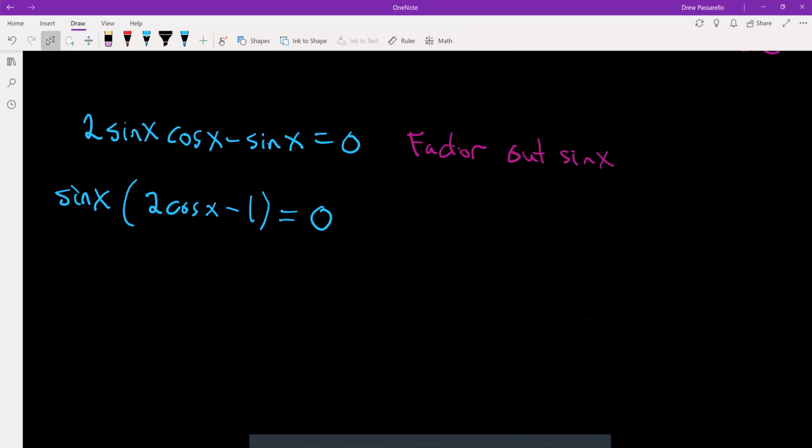And the 2 scenarios: scenario 1 is sine of x equal to 0. Scenario 2 is 2 cosine x minus 1 equal to 0.